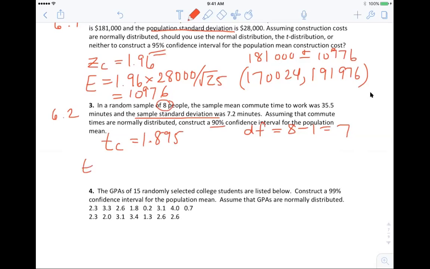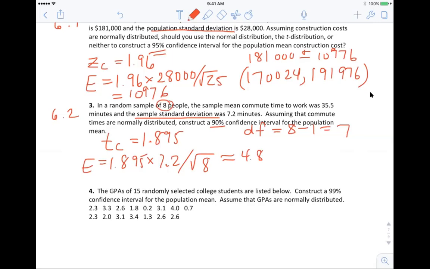Find your E. It's that value you just looked up times the standard deviation divided by square root of n. So 1.895 times 7.2 divided by square root 8. And that's about 4.8. Okay. Add that and subtract it from sample mean.